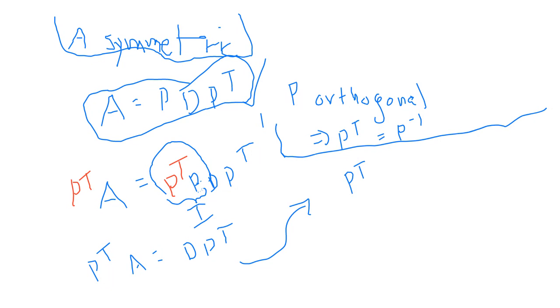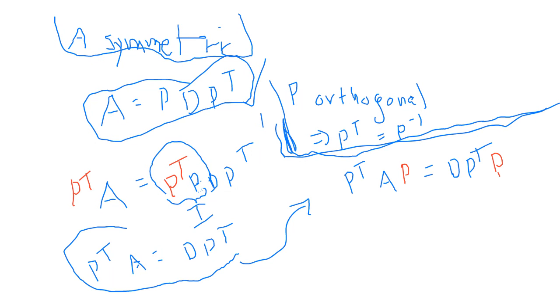I have P transpose times A now, and I can multiply on the right side by the matrix P. So I'd have on the right side the matrix D times P transpose times P. So all I did was take this equation and multiply both sides of that matrix equation on the right by P.